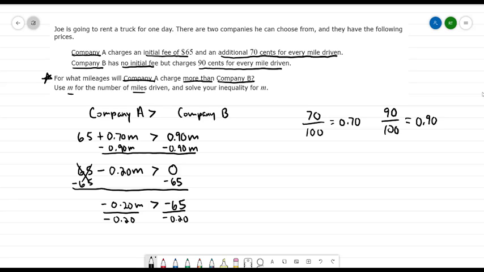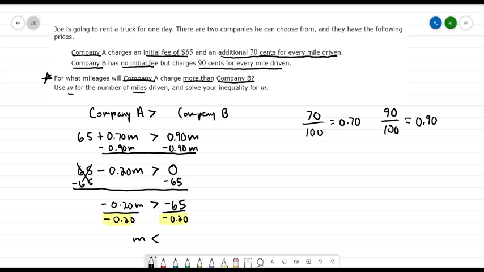And I'm going to get M is, now recall, we divided both sides by a negative number. If you divide both sides of an inequality by a negative number, which I did, the inequality sign is going to change in the other direction.